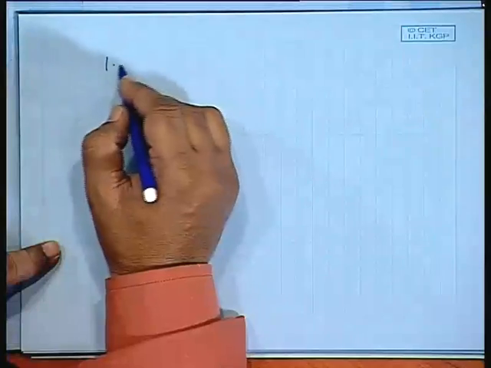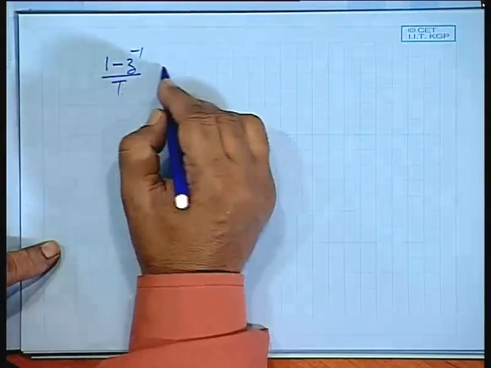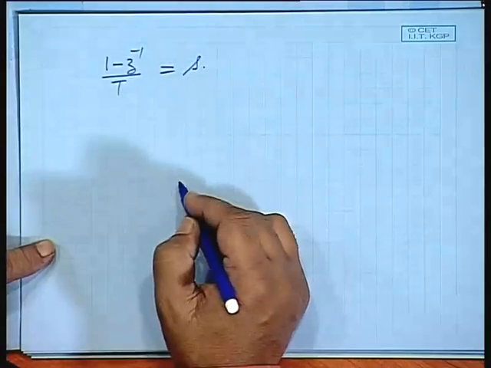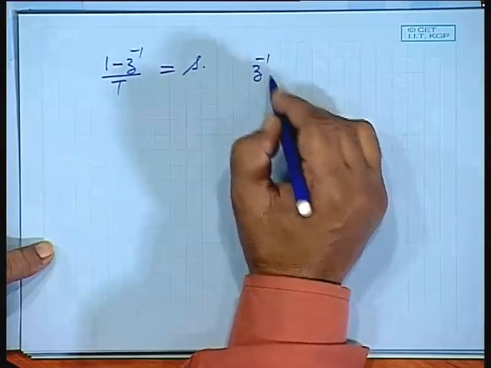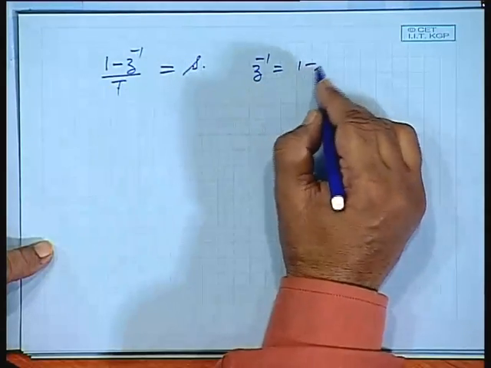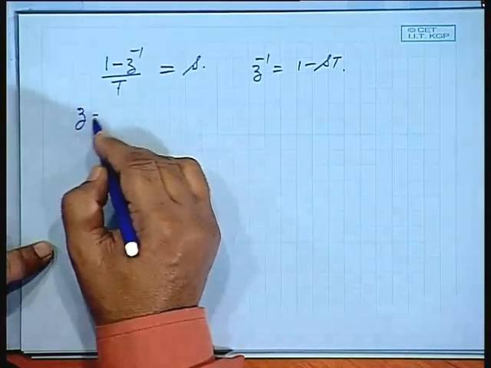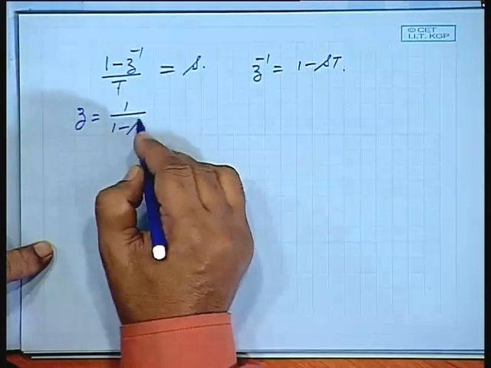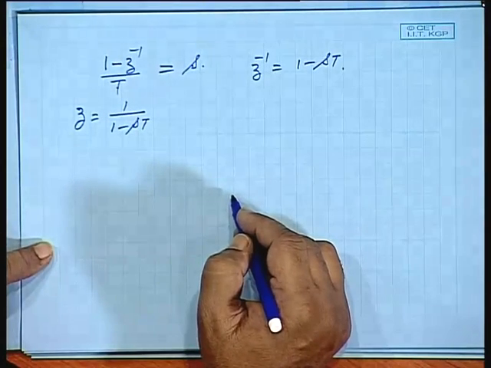Now, let us see our next approximation, that is we made 1 minus z inverse by t as equal to s. So, z inverse is 1 minus s t, is that so? So, z is equal to 1 by 1 minus s t. Okay.